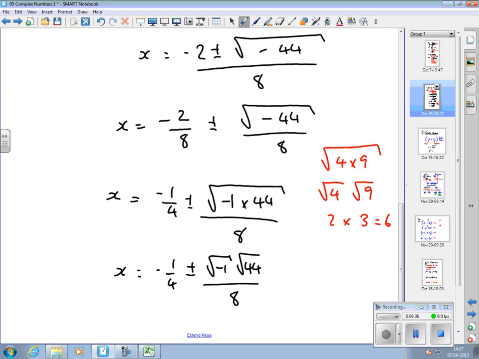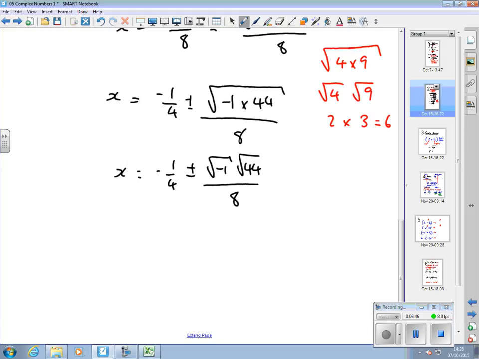Well, I can do the square root of 44 on the calculator, because that's positive. What is the square root of 44? 6 point something, isn't it? 6.63. So 6.63 over 8.